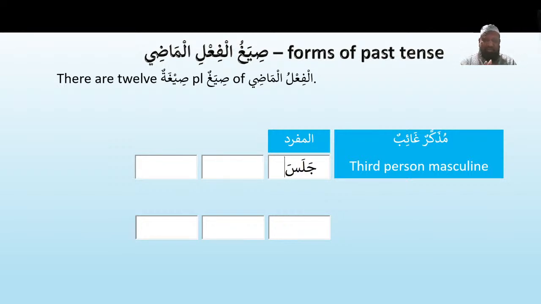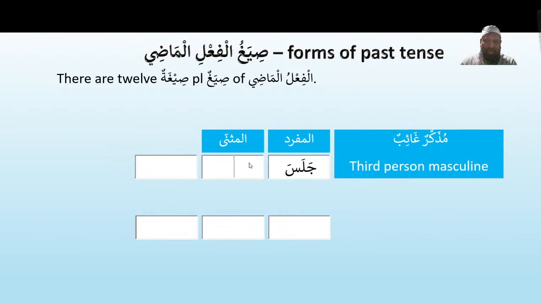Jalasa. Okay. This is the default verb, al-mufrad. Jalasa. So if we have no ism ظاهر in the sentence, we have to make ضمير مستتر تقديره هو جلس. Next, المثنى.